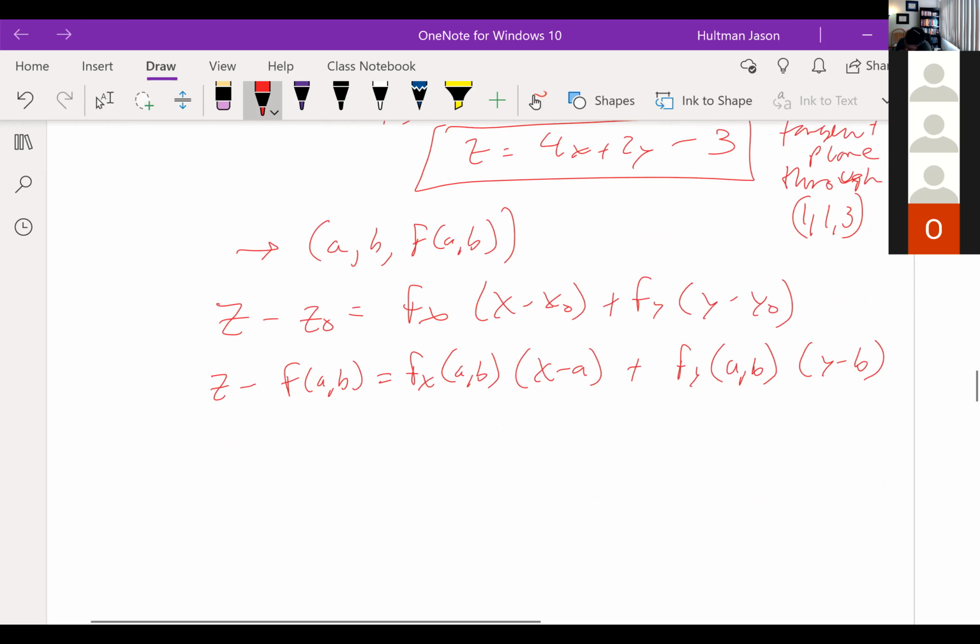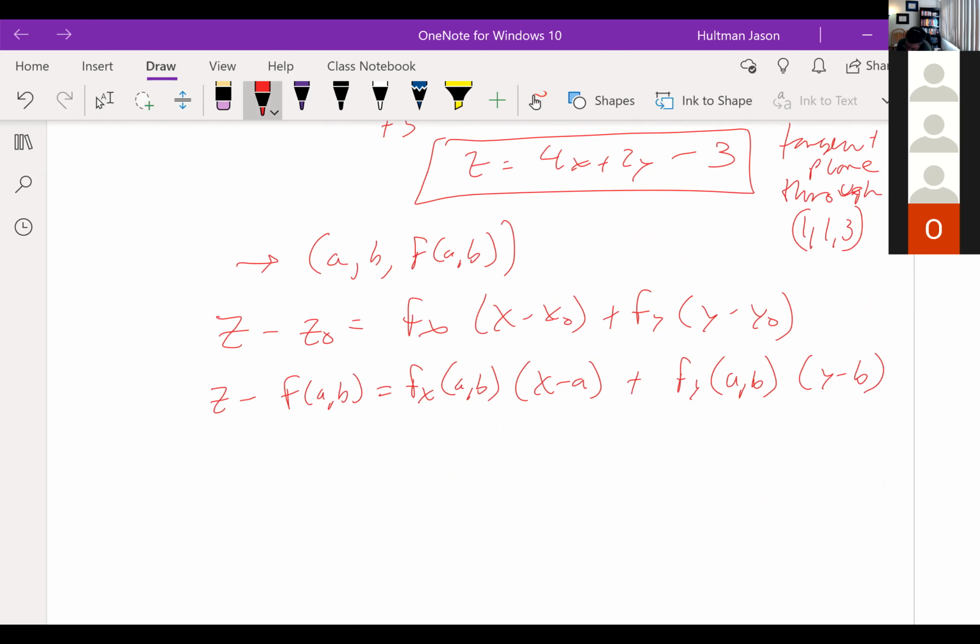And so we could add this to both sides. We would say z equals f sub x of a, b times x minus a plus f sub y of a, b times y minus b plus f of a, b. We're just generalizing what we did before. Actually, I'm going to put the f of a, b in front.